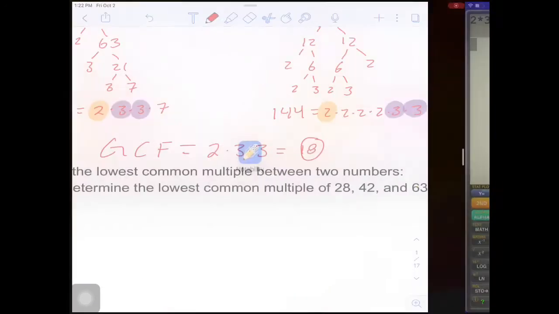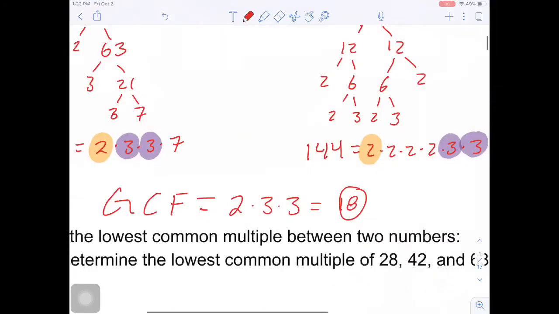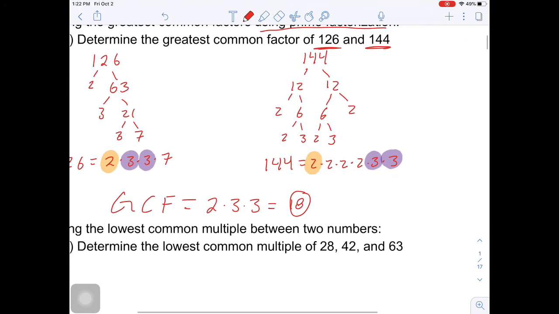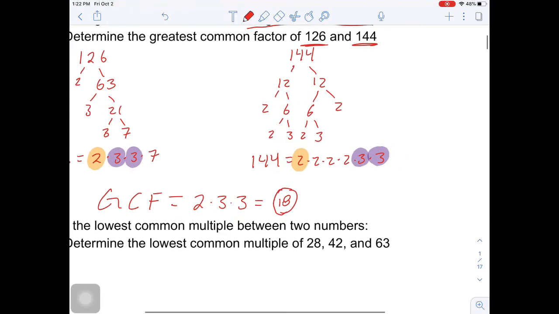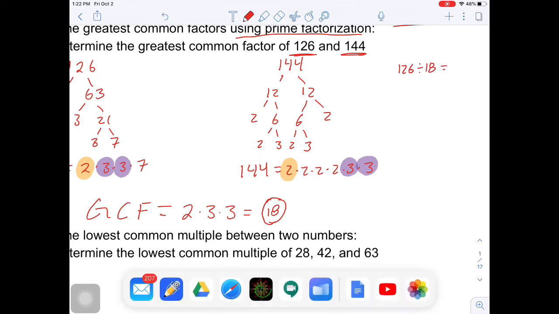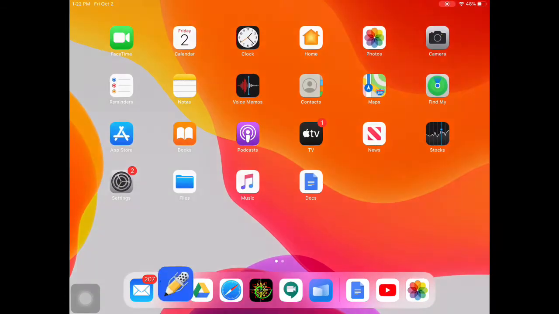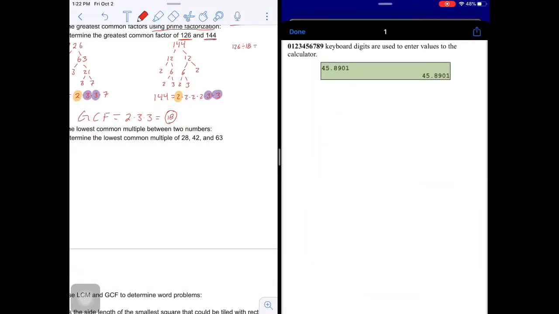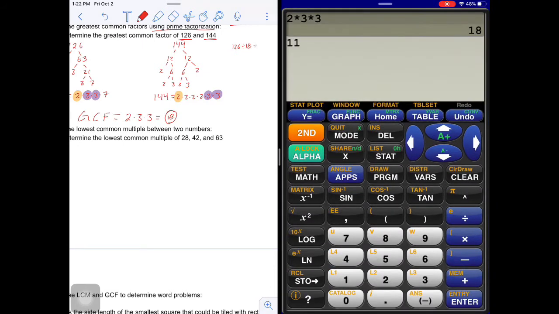So this is the biggest number that you can divide both 144 and 126 by. So that's your greatest common factor, and that's how to use prime factorization. So I can do 126 divided by 18, and that gives us 7.